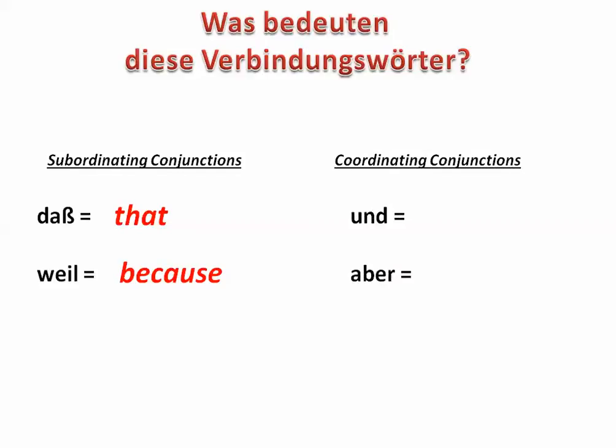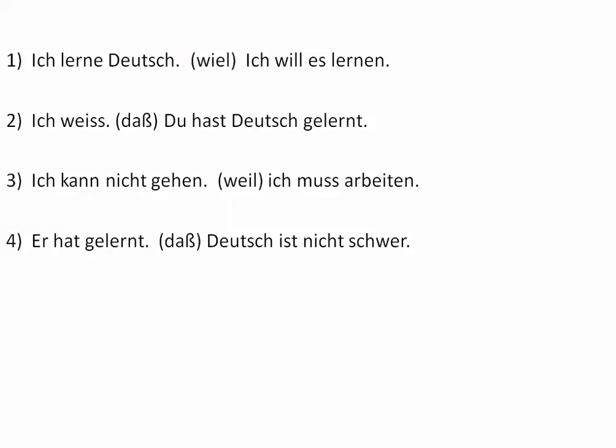Coordinating conjunctions, a couple of these are und, which is and, and aber, which means but. We're going to do these using weil and dass, which are two subordinating conjunctions. And if you want a list of all the subordinating conjunctions, we have other videos over that with a more comprehensive list.